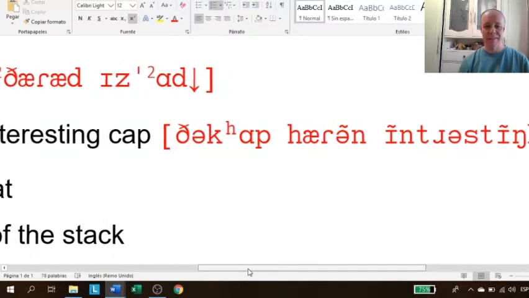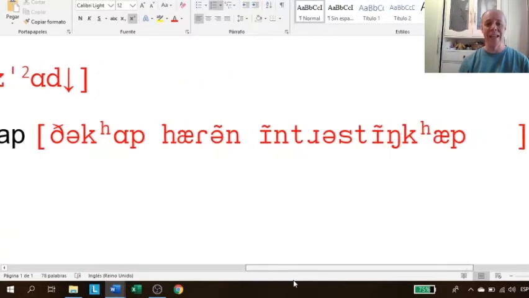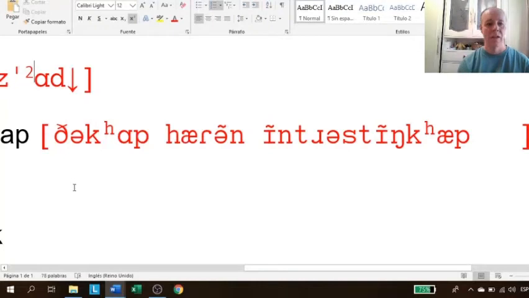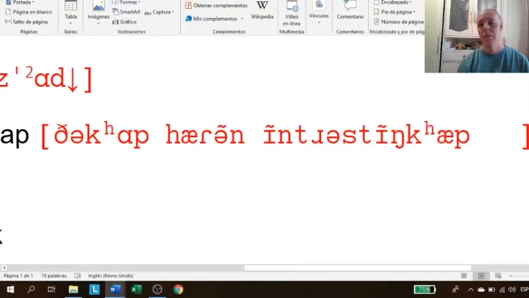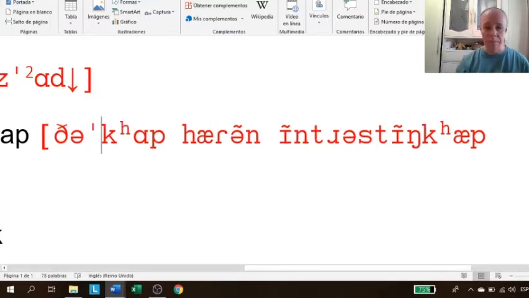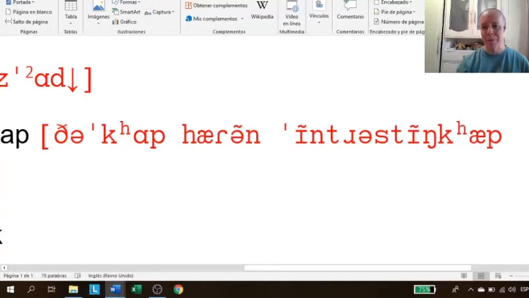Second sentence. The cop had an interesting cap. First we need to write the stress mark. The cop, sorry. The cop had an interesting cap.